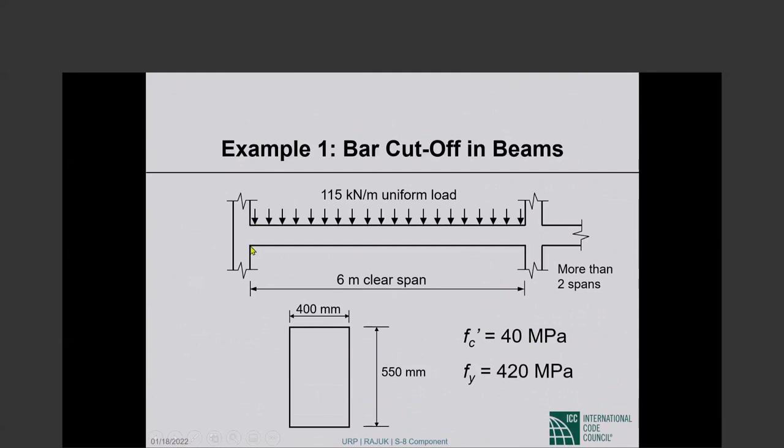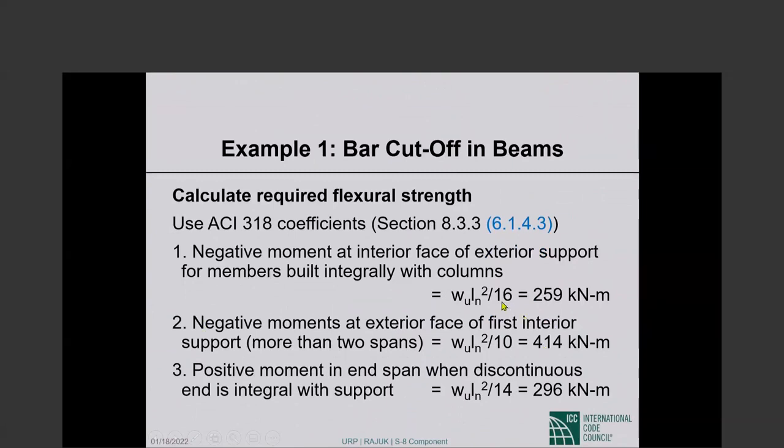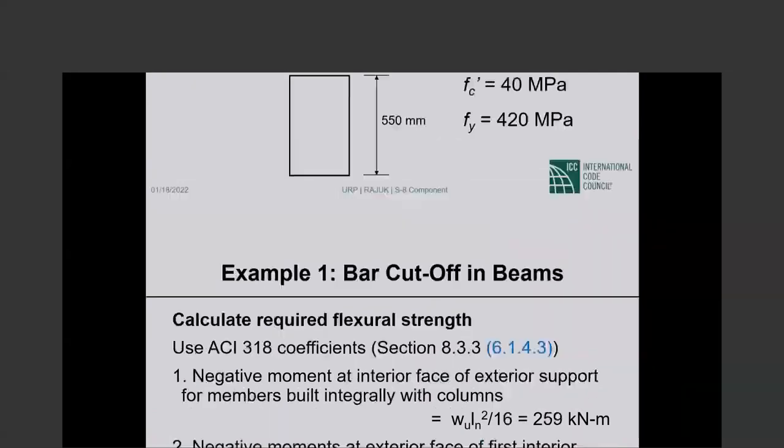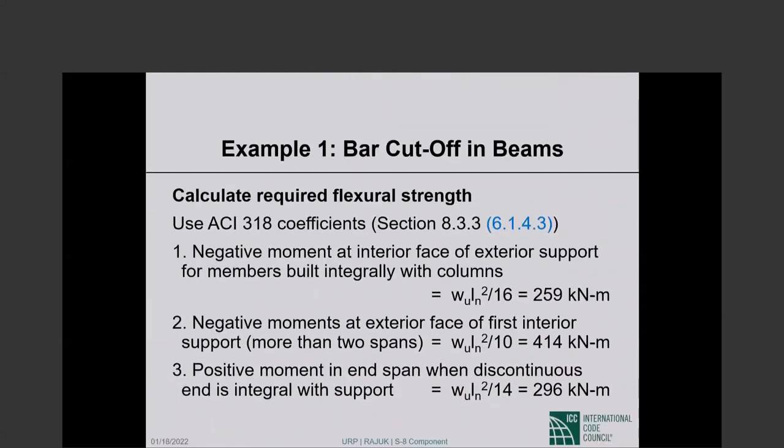Bending moment here is w_u l_n squared over 16, and that comes in our case to 259 kilonewton meters. w_u is the 115 kilonewton per meter, l_n is 6 meters given. So the w is there, l_n is there. Okay, so 259 kilonewton meters.